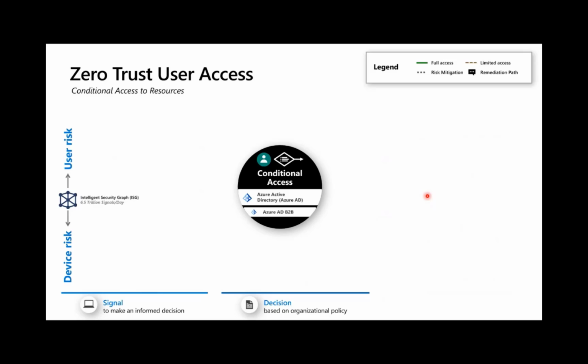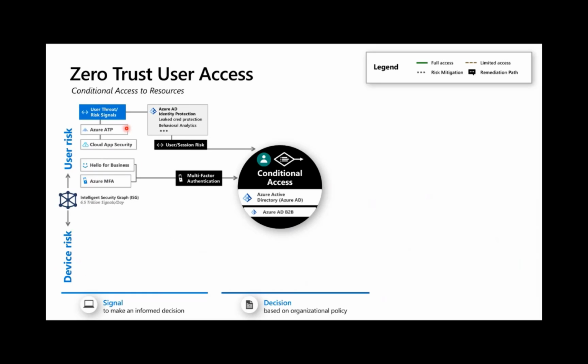So how it works, as I mentioned, it works on Azure Active Directory. Let's say this is user risk and the device risk. Microsoft is evaluating identity with different components: Azure ATP for user entity behavior analytics, Cloud App Security, cloud shadow IT detection, and Azure MFA.